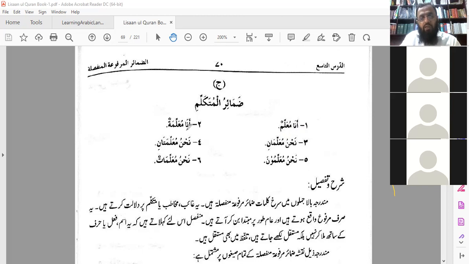Ana muallimatun: Ana mubtada, muallimatun khabar. Nahnu muallimani: Nahnu mubtada, muallimani khabar. Nahnu muallimatani: Nahnu mubtada, muallimatani khabar. Nahnu muallimuna: Nahnu mubtada, muallimuna khabar. Nahnu muallimatun: Nahnu mubtada and muallimatun khabar. Right?